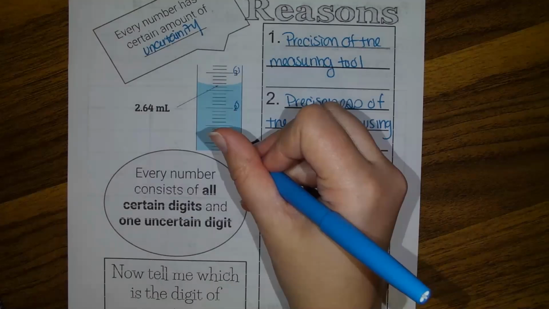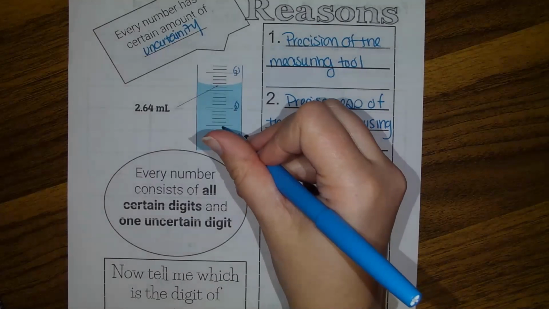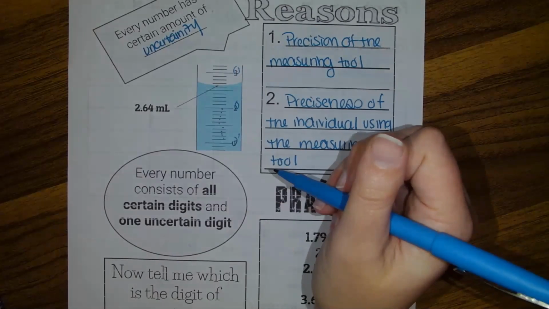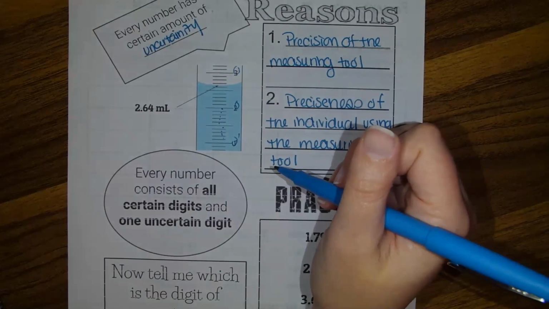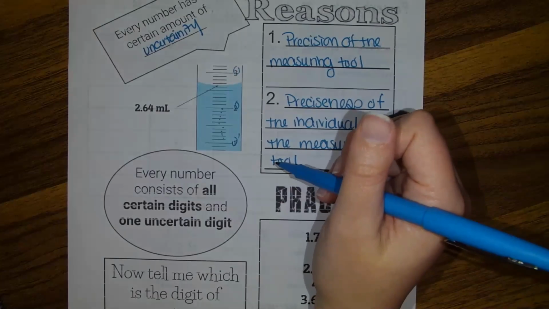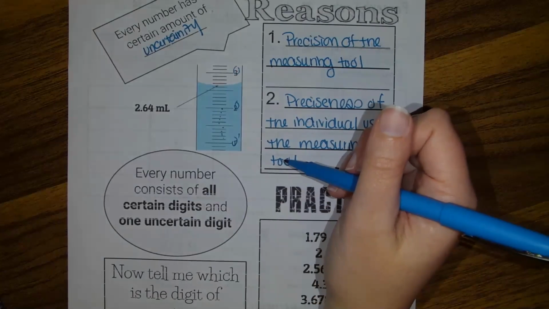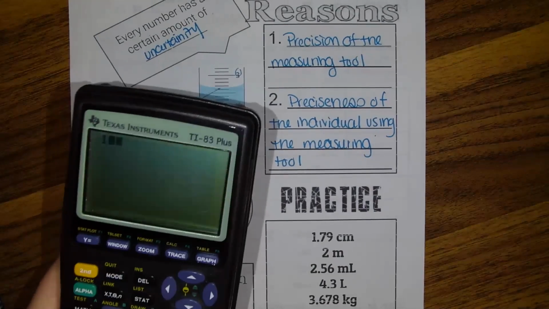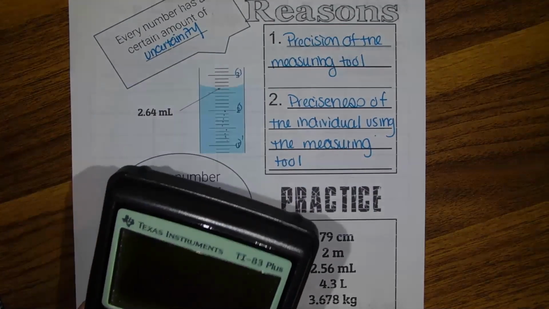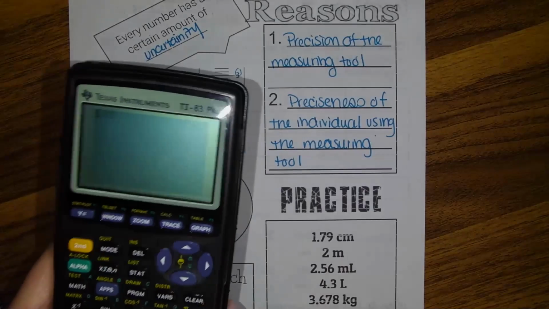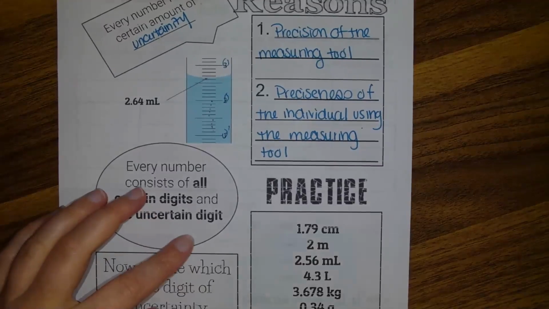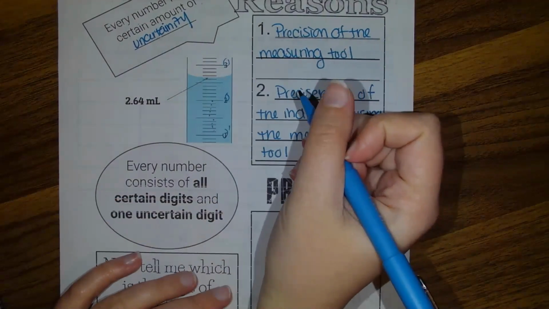So we have 1, 2, 3, 4, 5, 6, 7, 8, 9, 10. So we have 10 hashtags or 10 slashes in between 1 and 2. If you take 1 and divide it by 10, you should get 0.1. So every single hashtag is going to be 0.1.